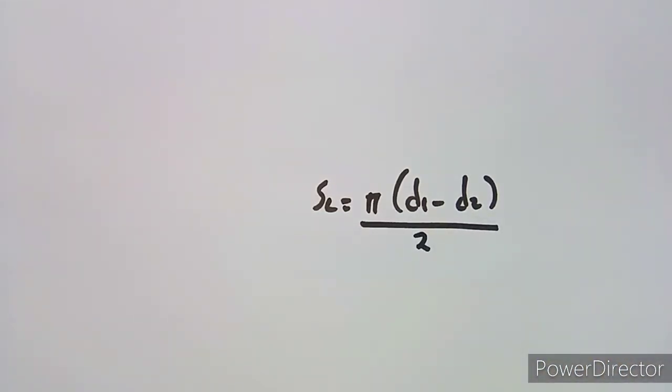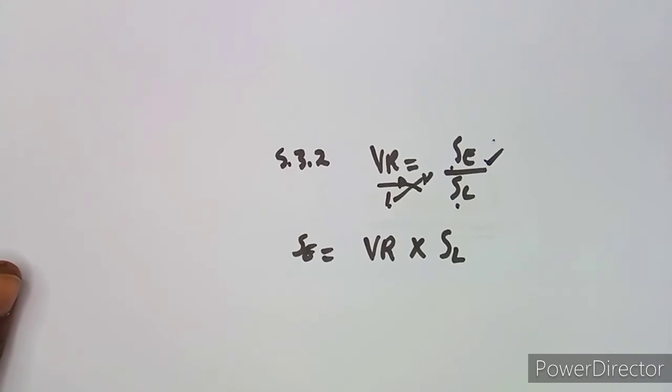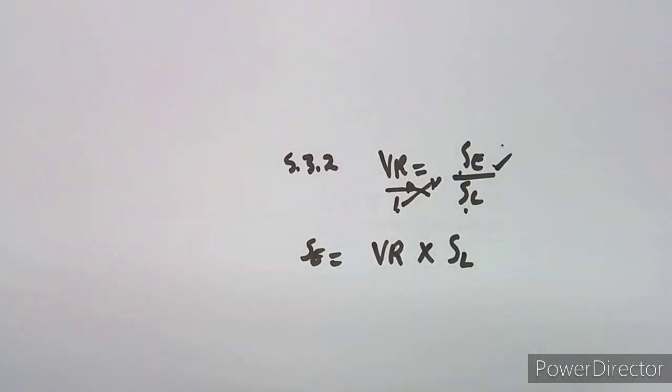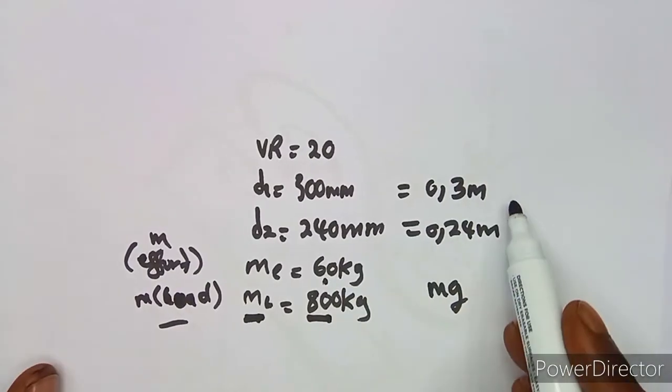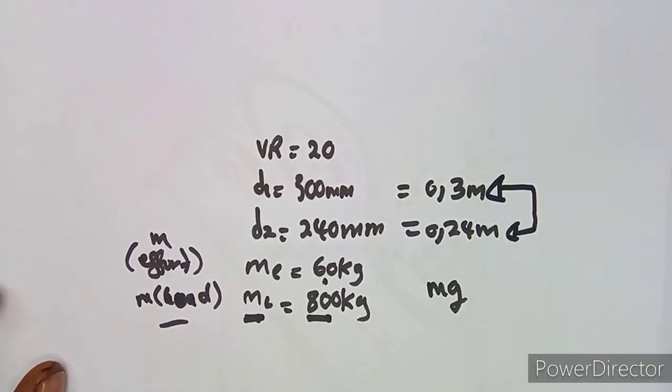This is going to be our SL. So as you can see, we are going to apply that part where we had D1 and D2. Someone was wondering, why are we not even using this D1 and D2 here? So that is where now we can apply our D1 and our D2.